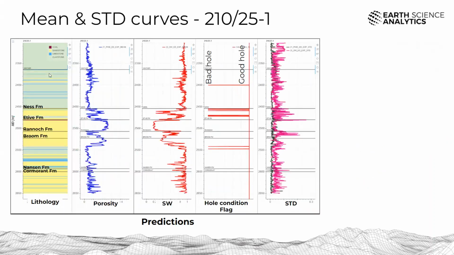So that predicted porosity curve you see in blue is a mean of the 4 porosity curves that were predicted for this well, the 2/11-2 well. We do that, of course, for the water saturation, and we also have a standard deviation away from that mean, which really gives us a heads up on how well the predictions are doing for certain formations.